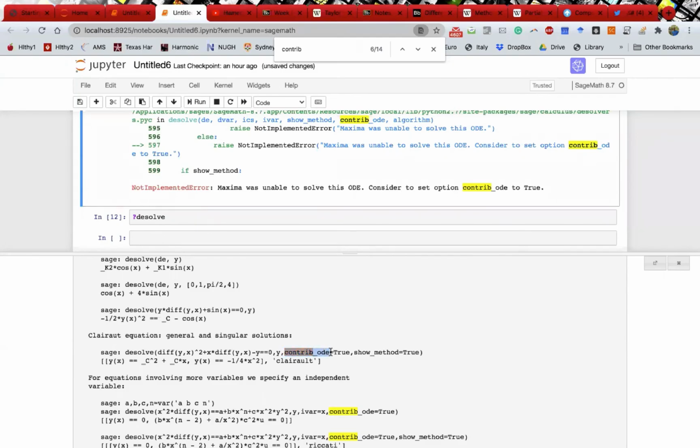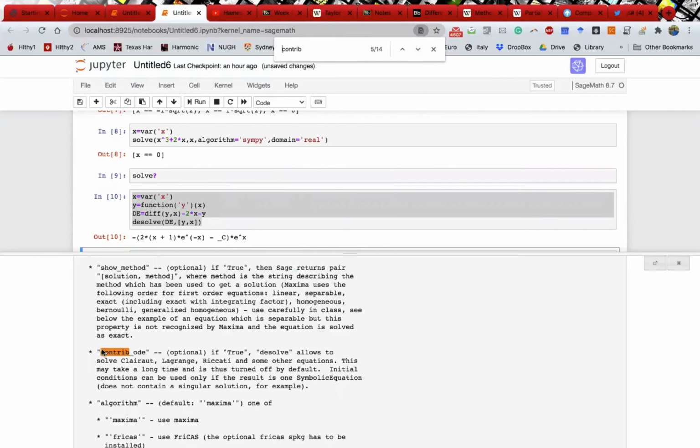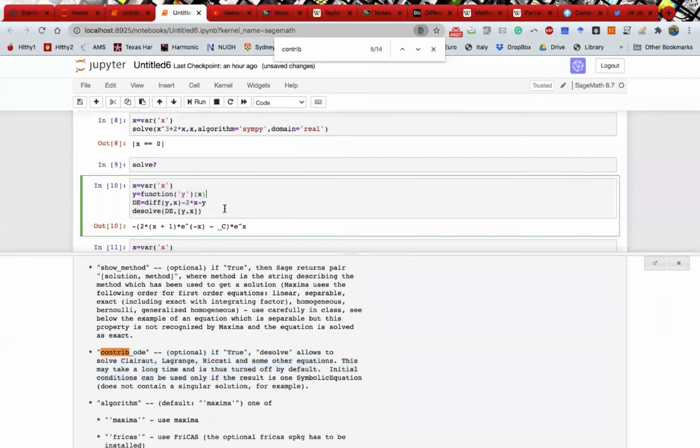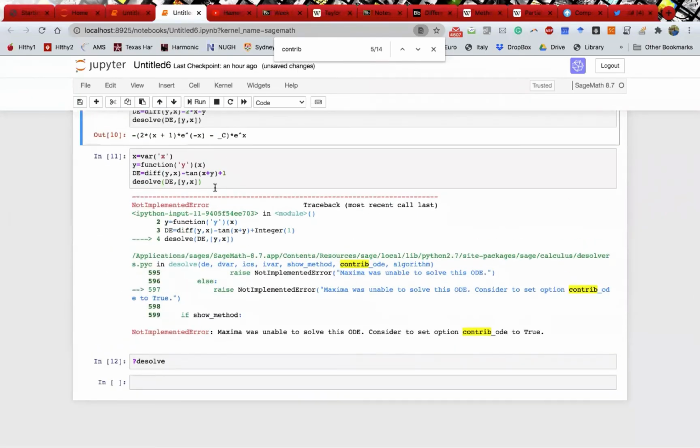I'll copy this one. So you can see some explanation here. So contribute ODE is an optional argument. By default, it's turned off. And if we turn it on, we will be able to solve some other categories of differential equations.